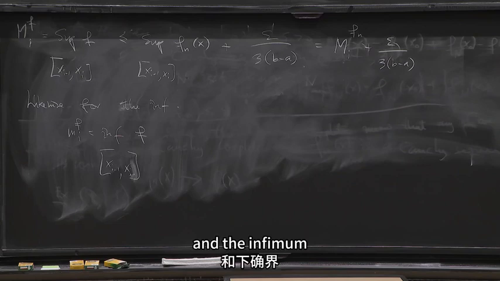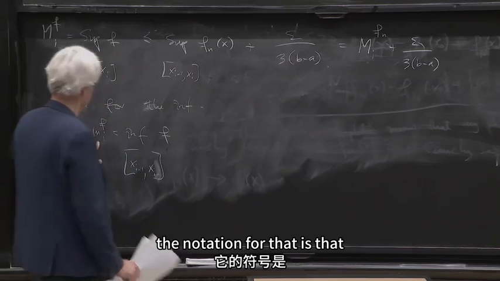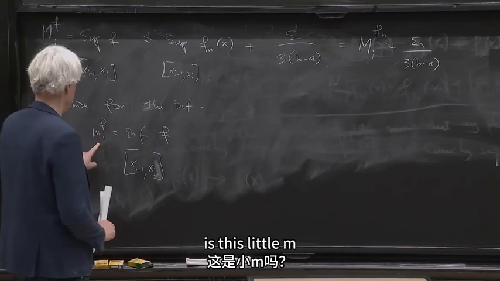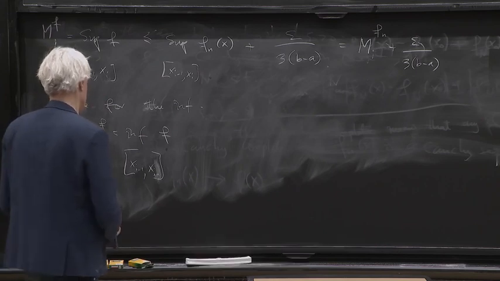And the infimum of f on this little interval, the notation for that is little mi, where I refers to the interval and f to the function.